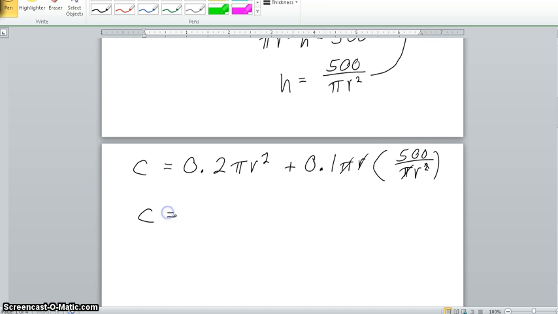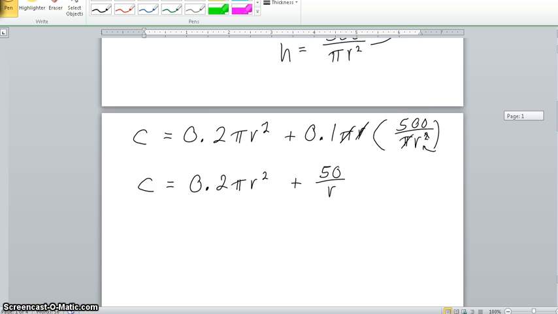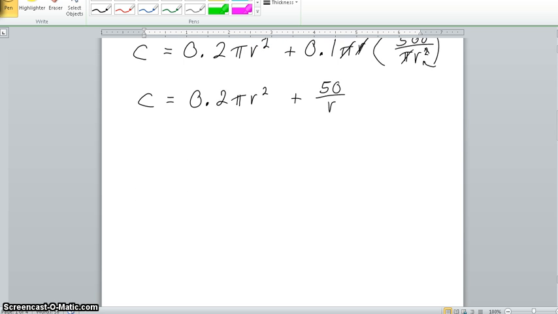I've got my cost equation plus, okay, now I've got 0.1 times 500, which is just 50. And I'm left with an r in the denominator, so that's 50 over r. Right, 0.1 times 500 is 50. This guy and this guy are gone. All that was left in the denominator was r. So now I've got my cost equation completely in terms of r.